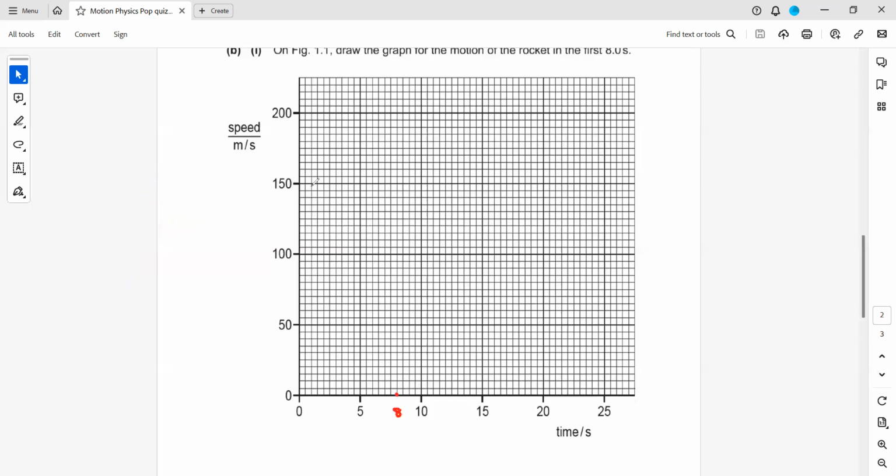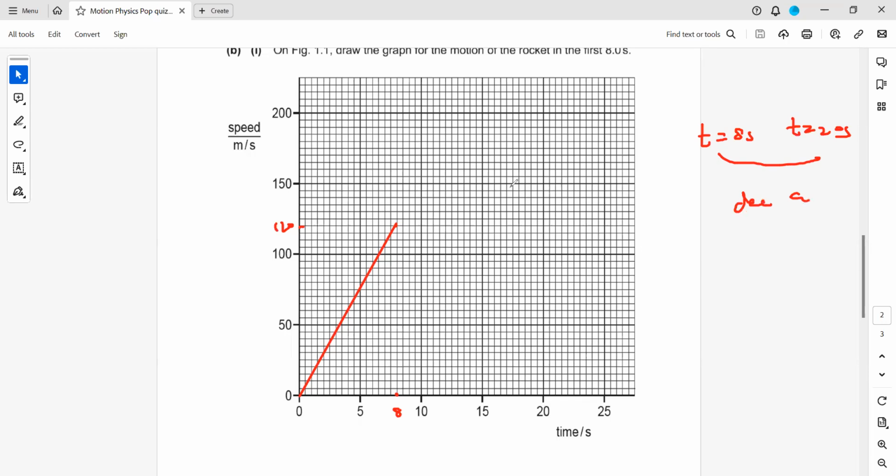So this was 8 and 120. So this was a straight line. Then they mention that from 8 seconds to 20 seconds, it has a decreasing acceleration.